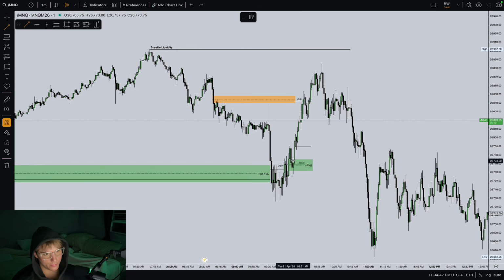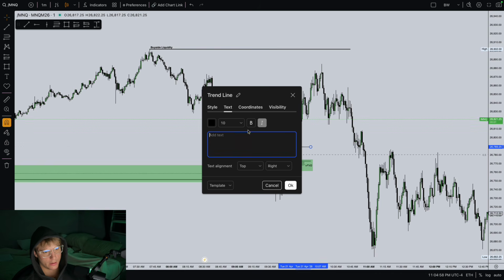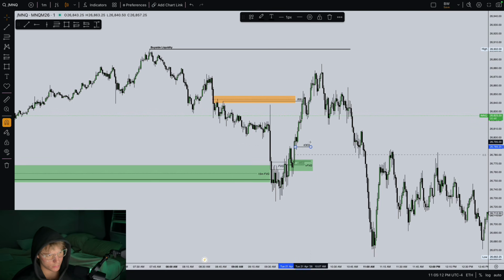And then we have this another fair value gap coming out of the one that we just entered inside of. Now, this is something that we call an institutional order flow entry drill, where you form the fair value gap, you have a little itty bitty wick coming inside of it, and then price just rallies.